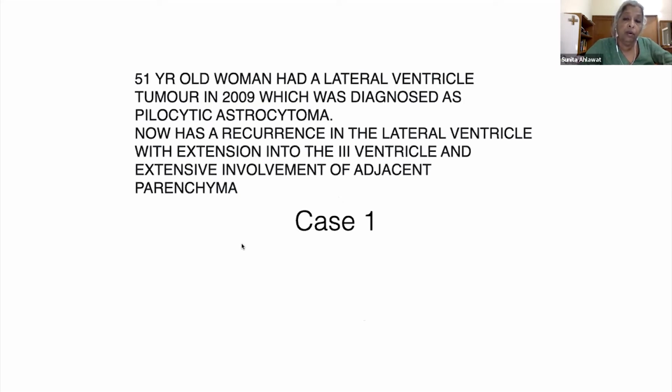Okay, so this was a 51-year-old woman who had a lateral ventricle tumor in 2009, which was diagnosed as pilocytic astrocytoma. Now she has a recurrence in the lateral ventricle again with extension into the third ventricle and extensive involvement of the adjacent parenchyma.